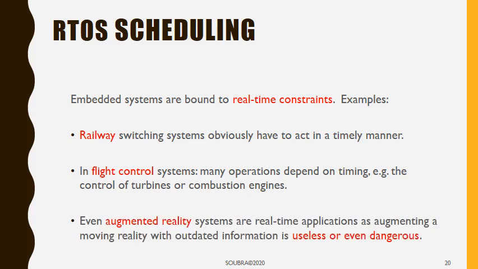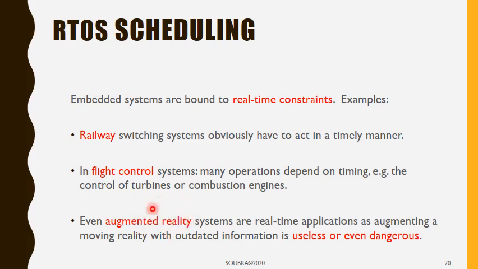And another example, when we have timing constraints, it could be augmented reality, and we had a fun debate in class about the difference between augmented reality and virtual reality. You can see here that an example of augmented reality is the Pokemon Go app that was fun some years ago.